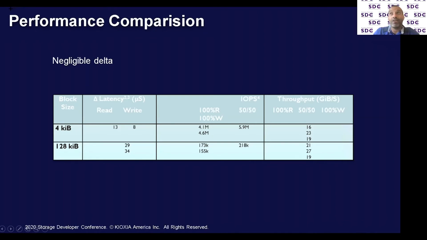So the delta between two block devices, one local to the server and one coming from the network using NVMe over fabric, was very small. Like in case of 4 kilobyte reads, it was 13 microseconds, and in case of 4 kilobyte writes, it was 8. And for 128 kilobyte block size, it was around 29 microseconds.